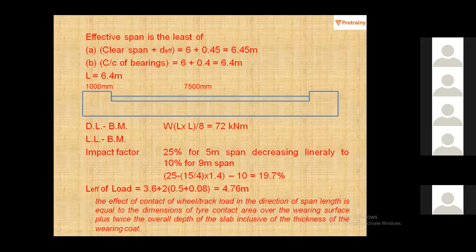So you have to find it for 6.4 meter. So after interpolation, the answer is going to be 19.7%. आप सबको clear है यहाँ तक? Yes, sir. Okay.